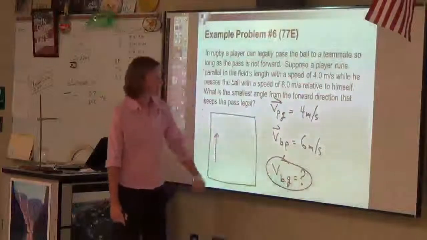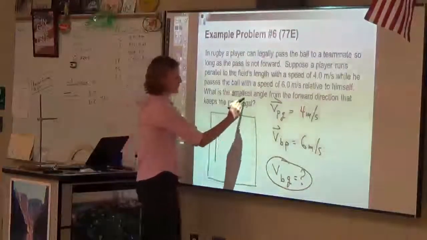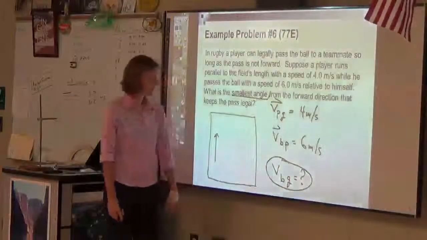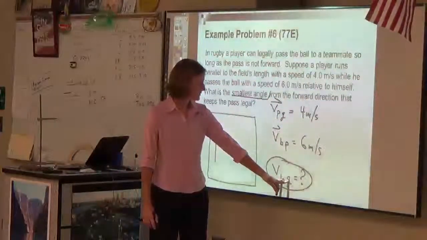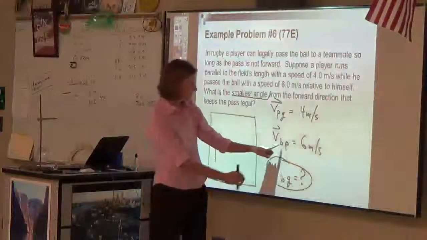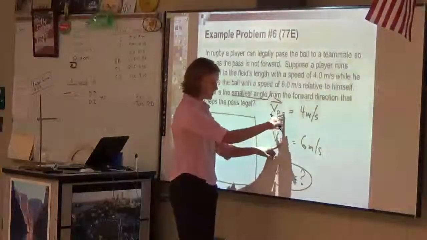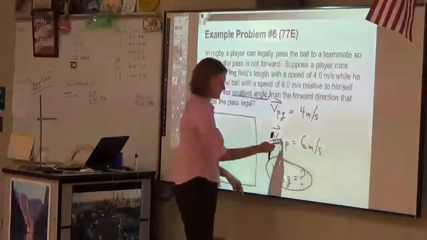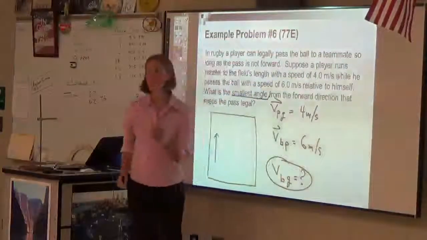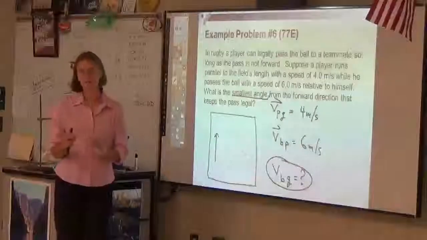It doesn't even ask really for the magnitude, it just asks for the direction. So the velocity of the ball with respect to the ground, and look, here's my B and my G. So it's like saying this is equal to these two velocities added up. But they are vectors, so we've got to be careful.